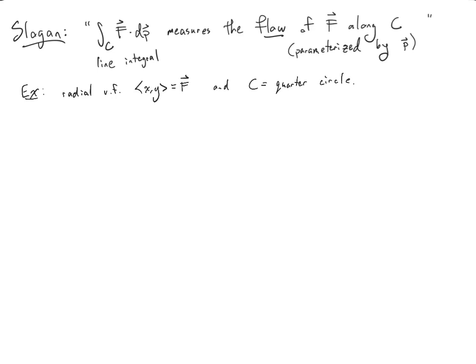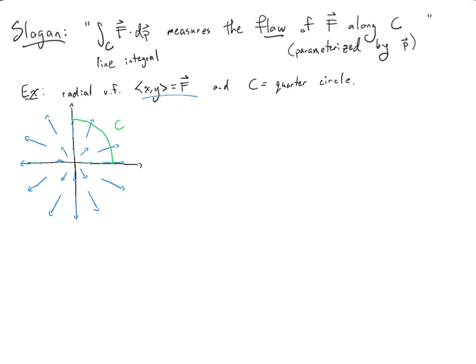Going through the first quadrant. So let me draw that. So here is my drawing of this picture. So I've drawn f in blue, and I drew c in green. You always need to pick an orientation of c, of the curve.